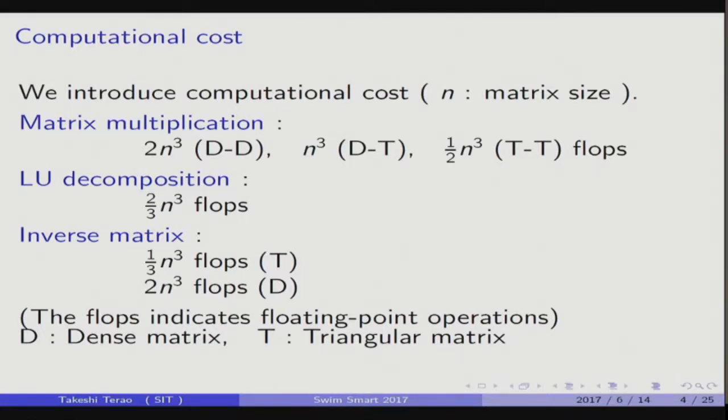This is the case of dense matrix times triangular matrix, and this is the case of triangular matrices. This is the computational cost of LU decomposition, and this is the computational cost of the inverse matrix, for the triangular matrix case and the dense matrix case.